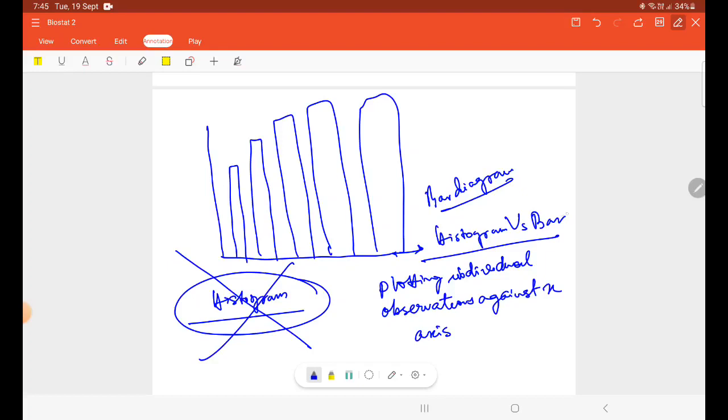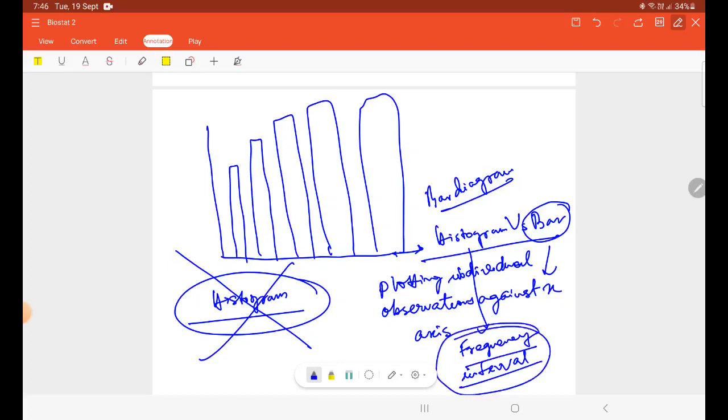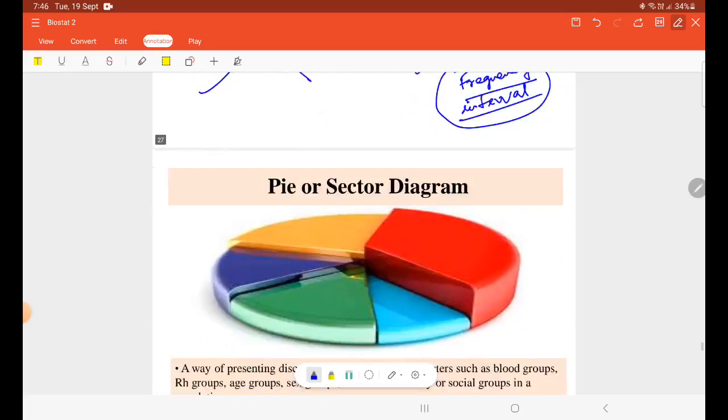In histogram, what we are doing? In histogram, we are putting frequency against class interval. So this is the basic difference between bar diagram and histogram.